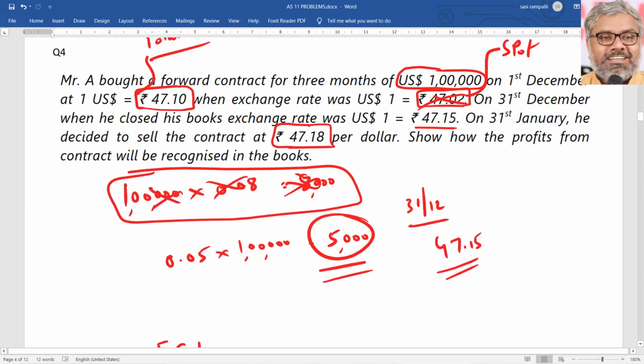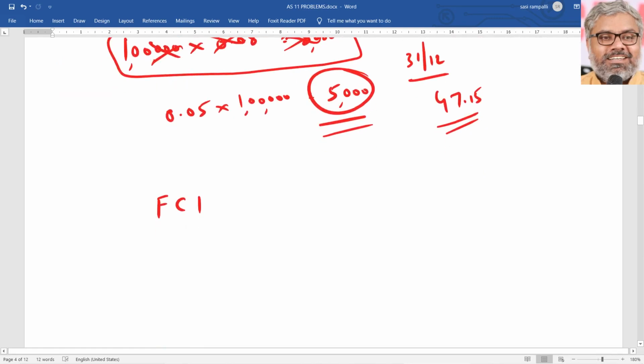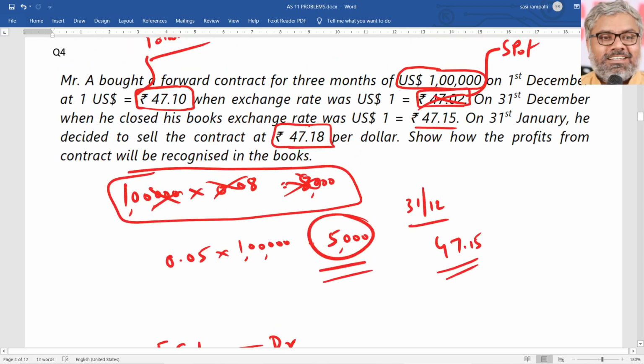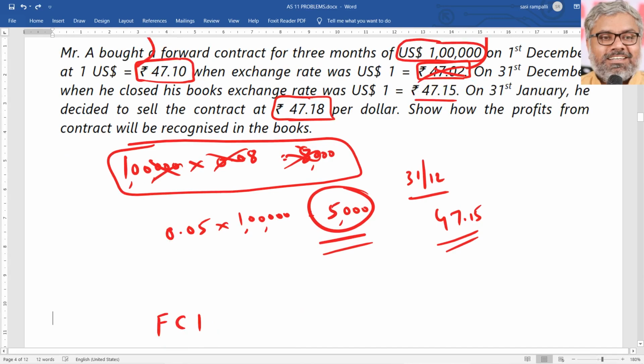So forward contract investment account debit, when he originally purchased, how much he would have entered into this contract for? That is $1 lakh at the rate of 47.10. But he would not have had any cash outflow there. So there is no need of any entry on the date of purchase of the contract. It is only just a signature that he has made on that date.